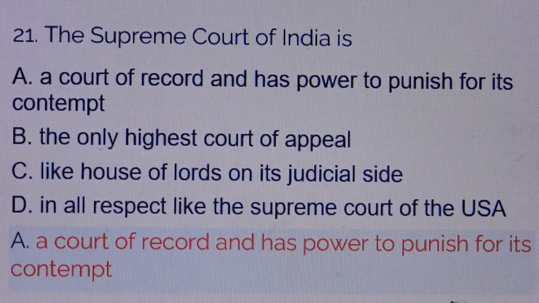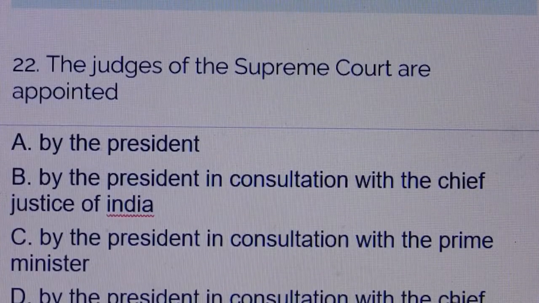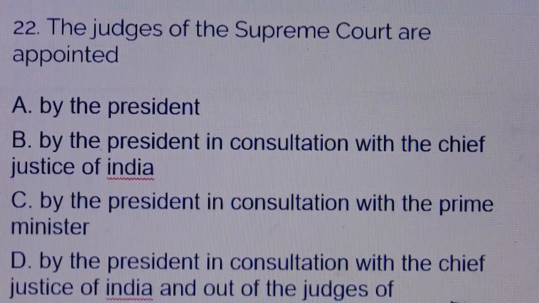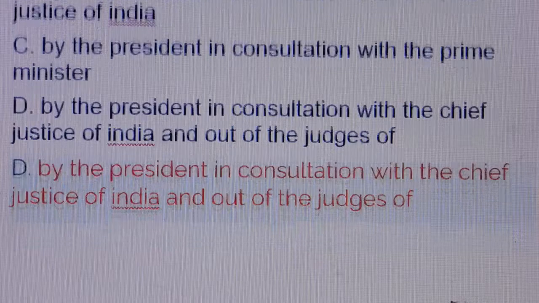Answer is option number A. A court of record and has power to punish for its contempt. Question number 22. The judges of the Supreme Court are appointed. Answer is option number D. By the President in consultation with the Chief Justice of India and out of the judges of.